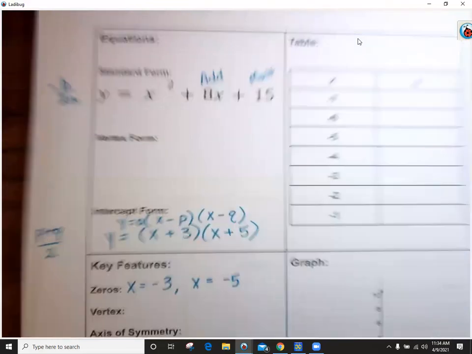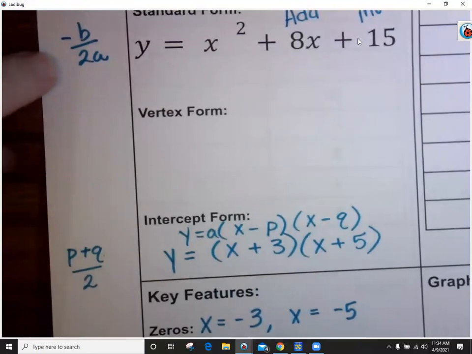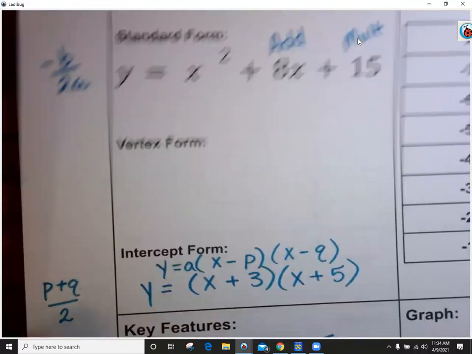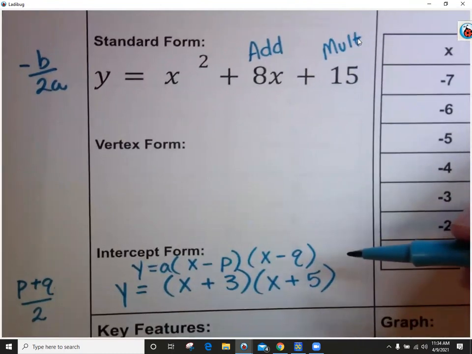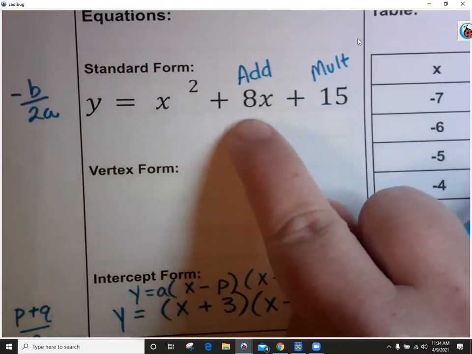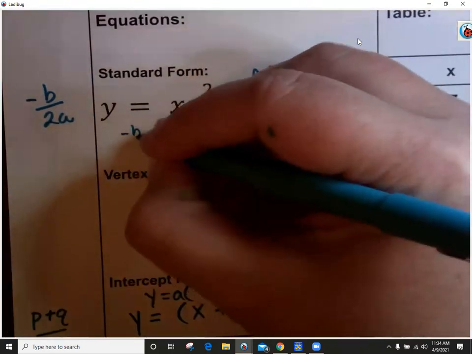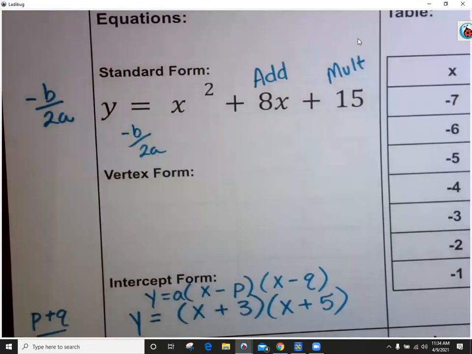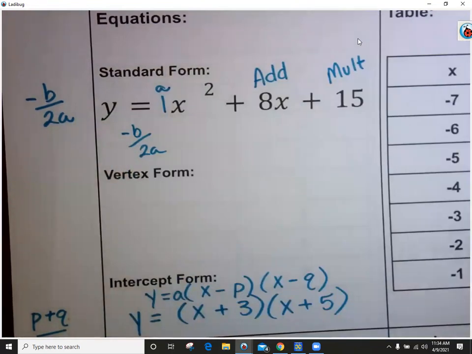Okay, but to get to vertex form, we've either got to do the -b/2a or the p plus q divided by 2. Technically you can do either one, but we're going to go back to the standard form because that's the equation they gave us. So -b/2a. This is your a, an invisible 1, and this is your b, the 8.